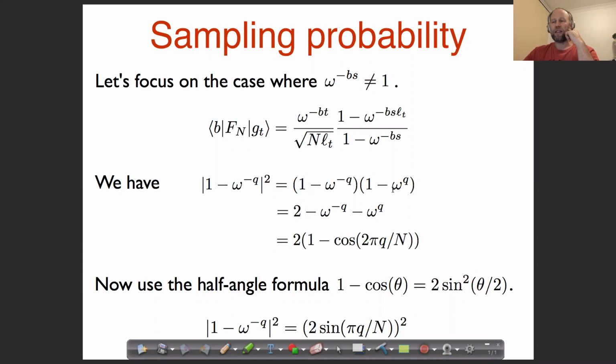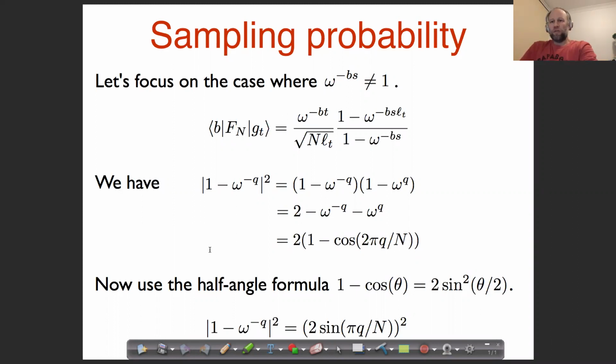Then you multiply that out, and you get 2 minus omega to the minus q minus omega to the q. Now omega to the minus q plus omega to the q is just twice the real part of omega to the q, so that's twice cosine 2 pi q over n. And you also have a 2 here, so I've just factored out the 2.